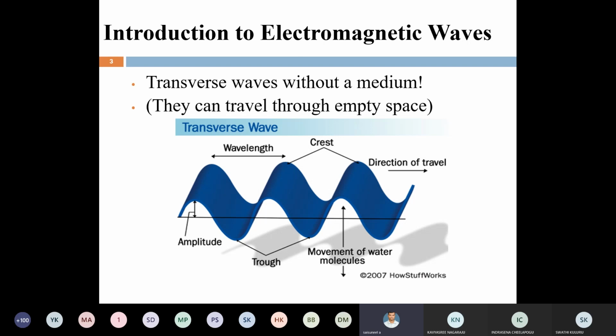Here the medium is air. Air is the medium to transmit the signal. You know the basic signal, taking an analog signal, is a sine waveform. You know what the amplitude is, what the wavelength is, and the direction of travel and movement of a wave. These are basic concepts.